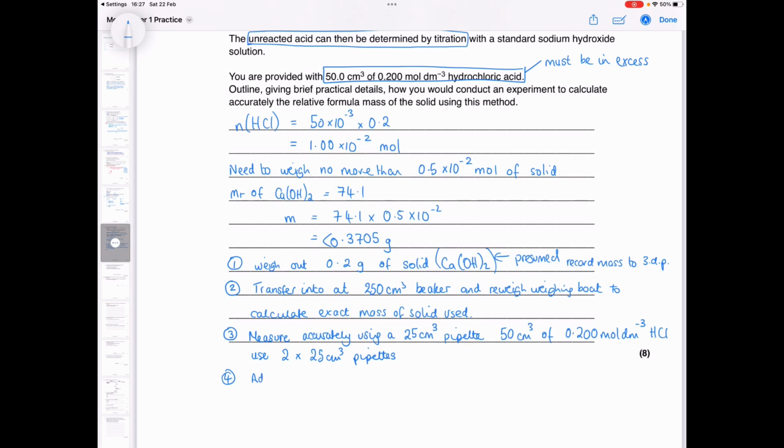And then add this to the beaker containing the solid, and stir until the solid has completely dissolved.